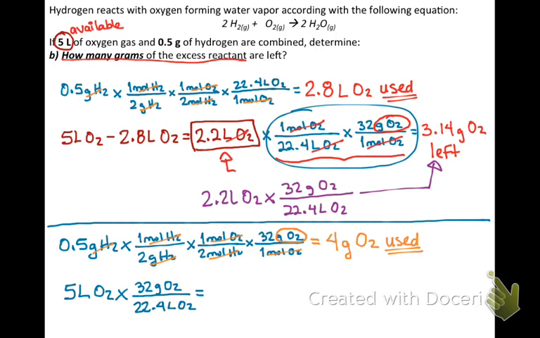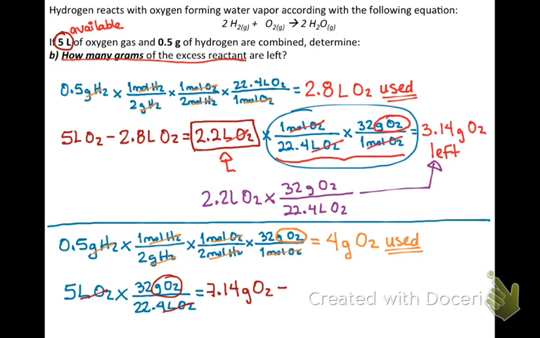And then we have 5 times 32 divided by 22.4. We start the reaction with 7.14 grams of oxygen. We cancel these units.